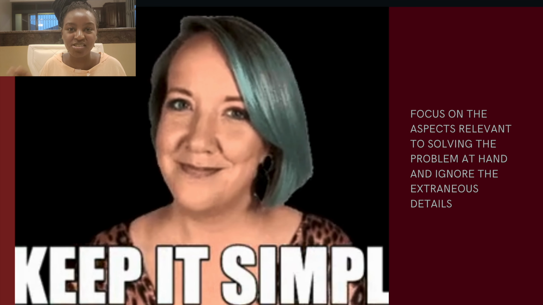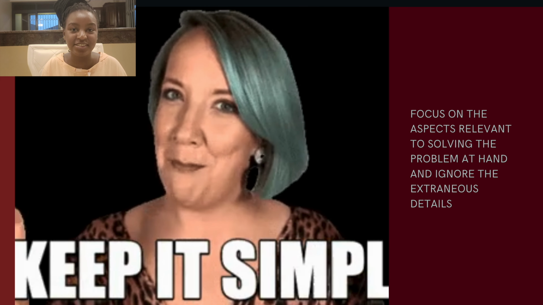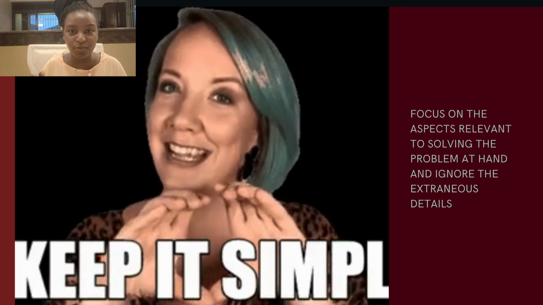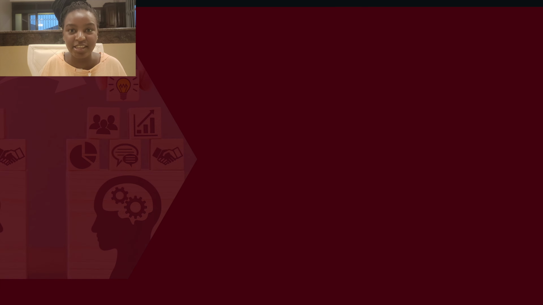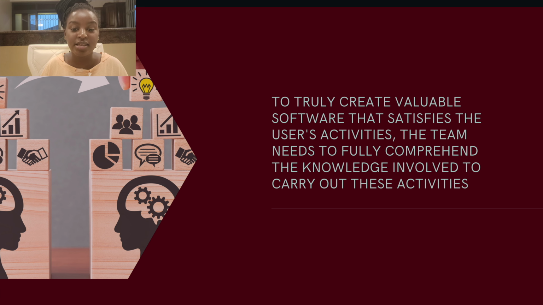Focus on the aspects relevant to solving the problem at hand and ignore extraneous details. Just put in what's required. Anything extra, remove it. To truly create valuable software that satisfies the user's activities, the team needs to fully comprehend the knowledge involved to carry out these activities. So go get those domain experts.